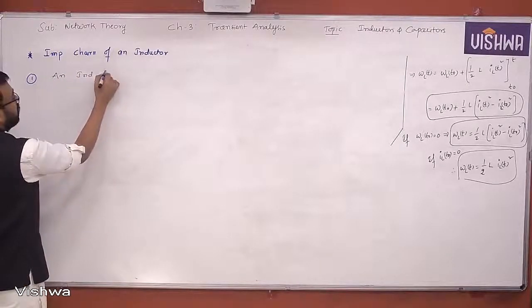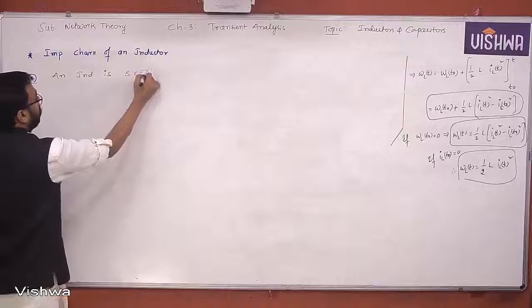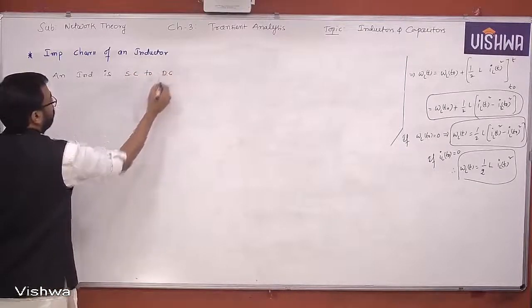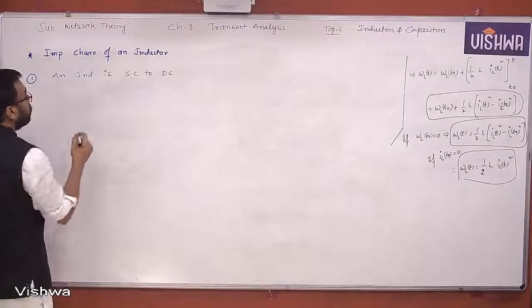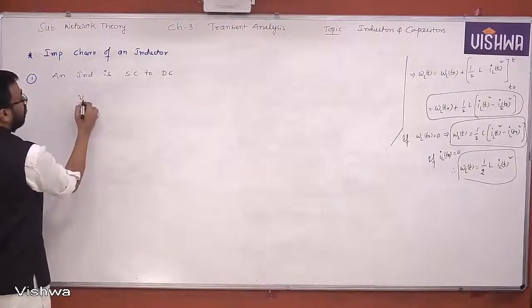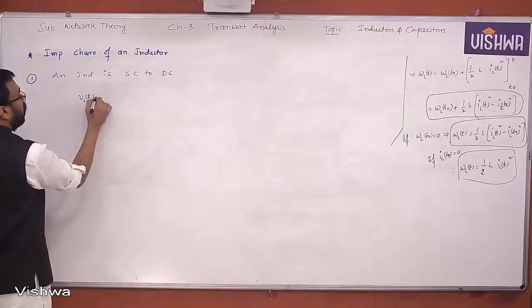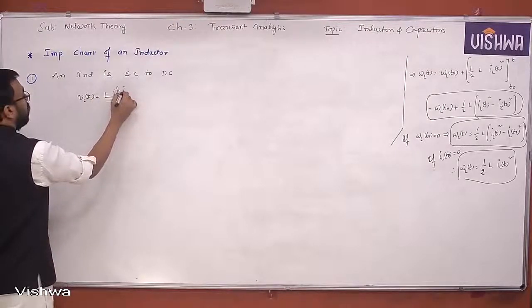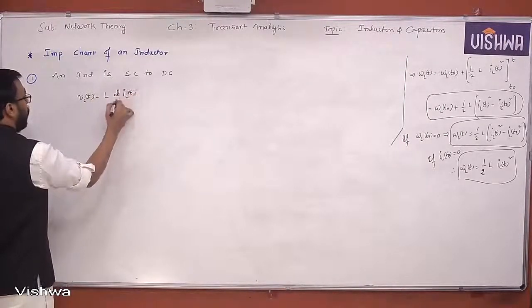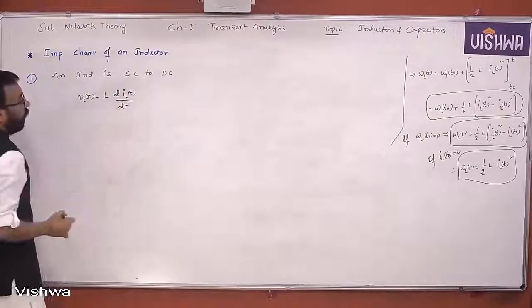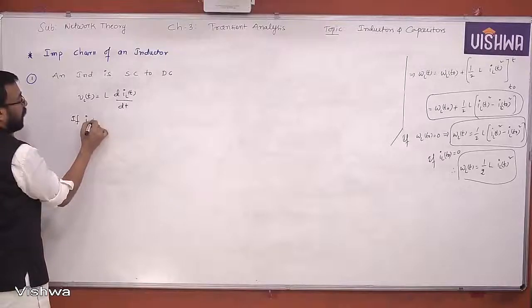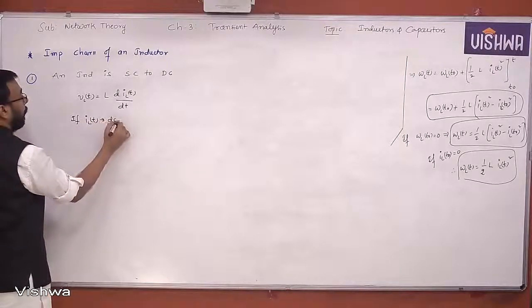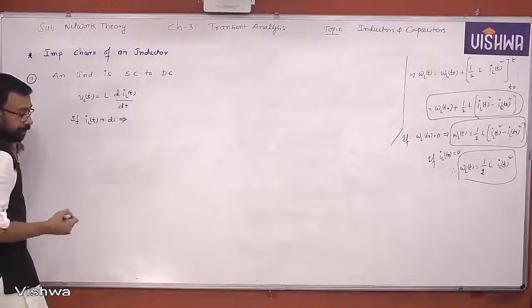An inductor is short circuit to DC. It's very clear from this: VL of t is equal to L into dIL of t by dt. If IL of t is DC, let us say, then what will happen?